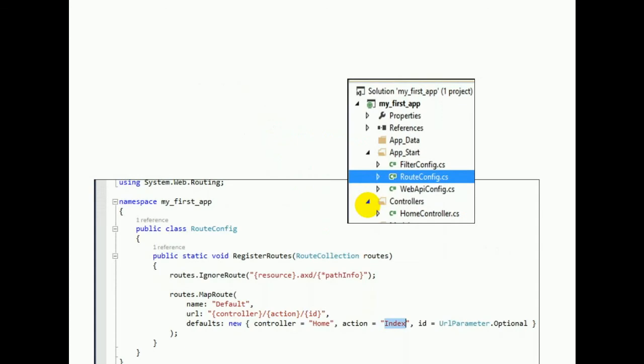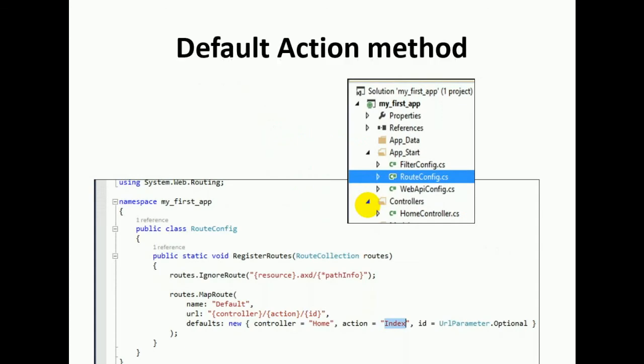Default action method. Every controller can have default action method as per configured route in RouteConfig class. By default, Index is a default action method for any controller as per configured default route as shown. You can change the default action name as per your requirement in RouteConfig class.